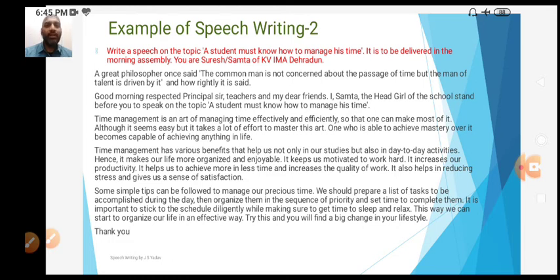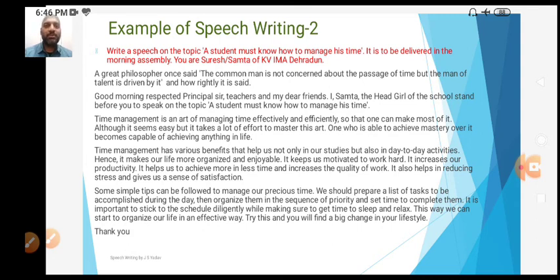Hence, it makes our life more organized and enjoyable. It keeps us motivated to work hard. It increases our productivity. It helps us to achieve more in less time and increase the quality of work. It also helps in reducing stress and gives us a sense of satisfaction.